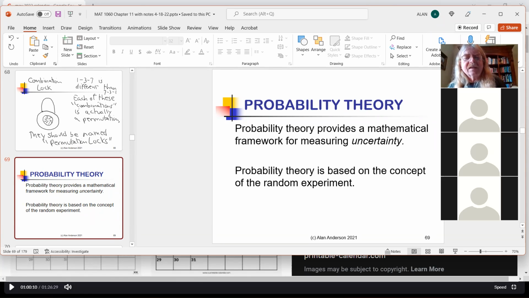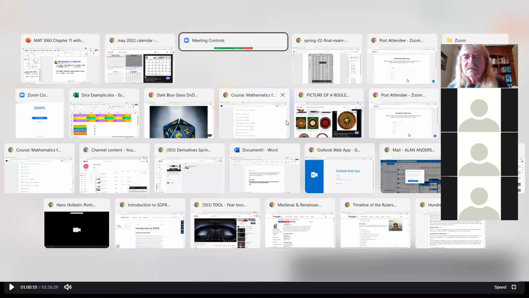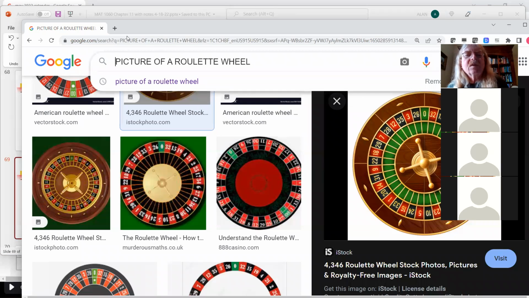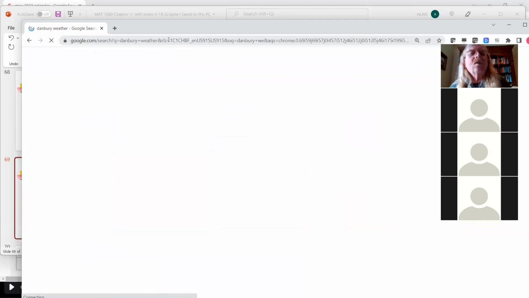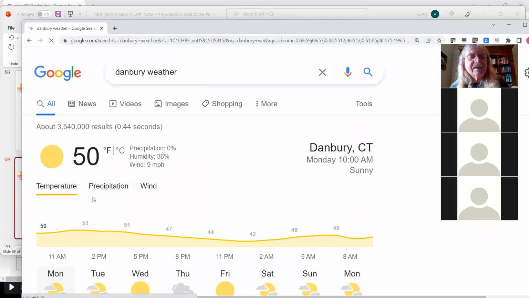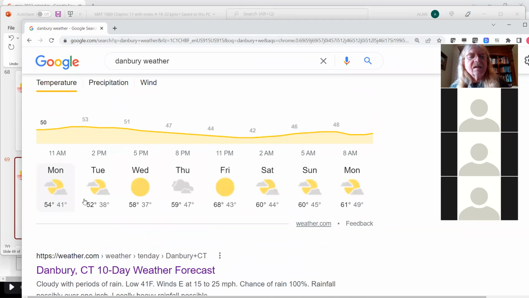So what we see is, for example, oh yeah, there's a roulette wheel from the other day. Now all those equations are reduced to this kind of thing, which is kind of nice. It's a little picture. I can see from looking at this that it's going to be cloudy today, with a high of 54 and a low of 41.